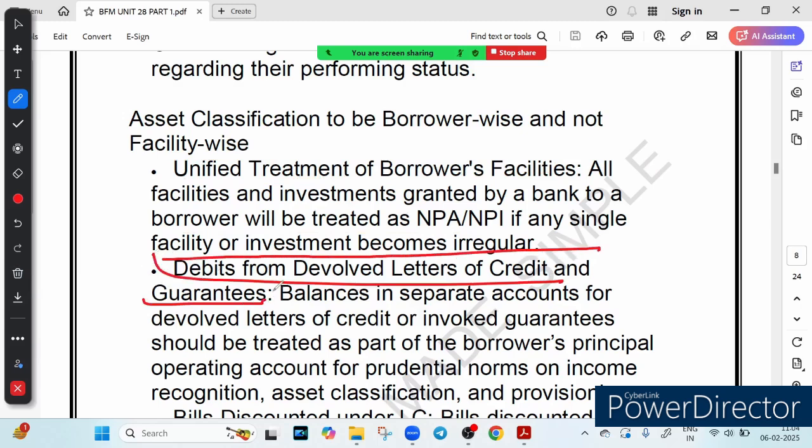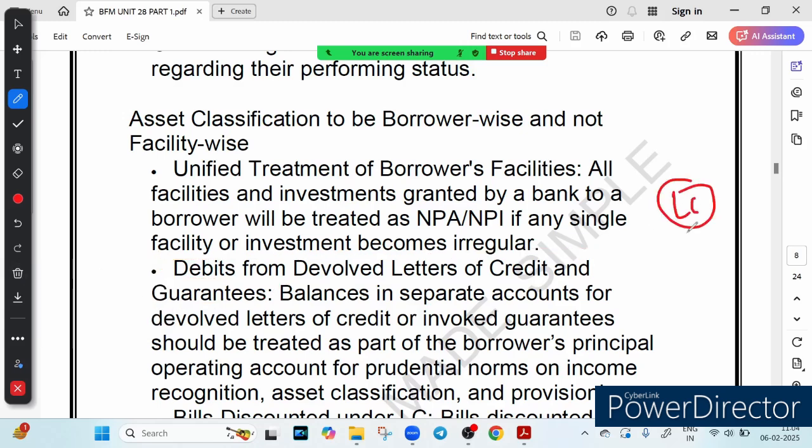Now, what about the situation where a letter of credit or guarantee is involved? For example, let's say the bank has given a guarantee or a letter of credit to a borrower for a specific transaction. Even if these are in separate accounts, they will still be treated as part of the borrower's main account.